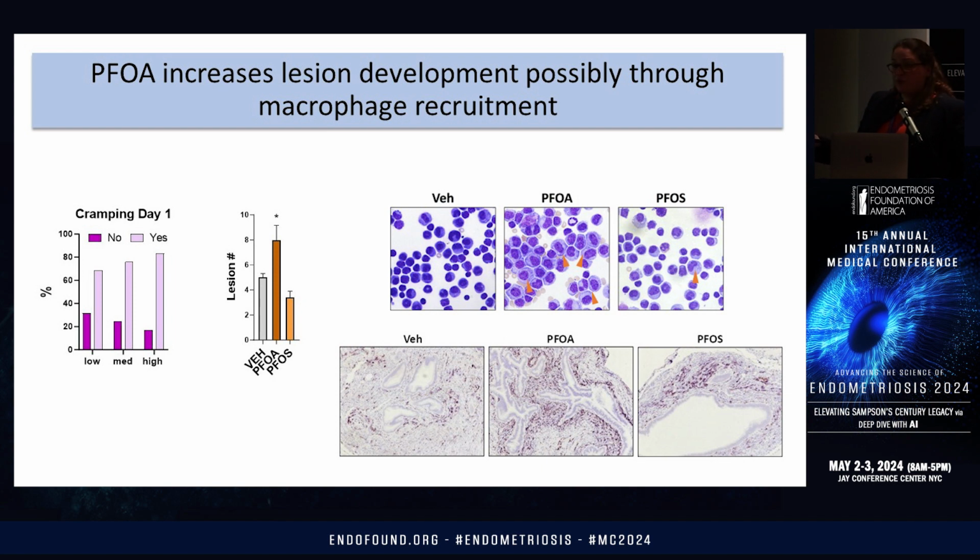But if you look at the PFOA lesions, we have much higher recruitment of those macrophages into those lesions, and there is less with PFOS. So we have this grant submitted to study section, and hopefully will be reviewed favorably in the next coming weeks. But we're quite excited by how well the human data and the animal data really correspond.